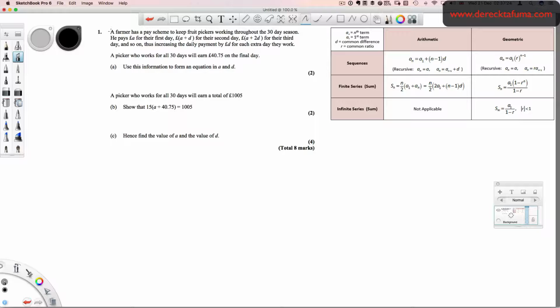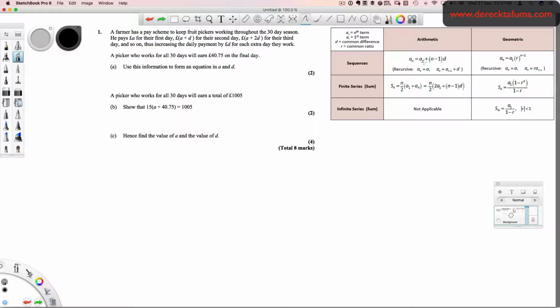Okay, so there's the question. A farmer has a pay scheme to keep his fruit workers working throughout the 30-day season. Same question that I've just been reading, and here's a formula to help with calculations.